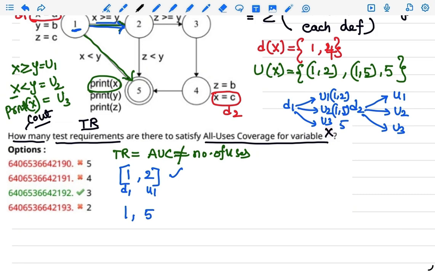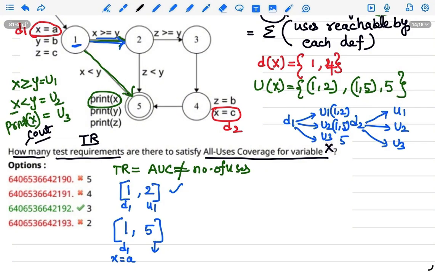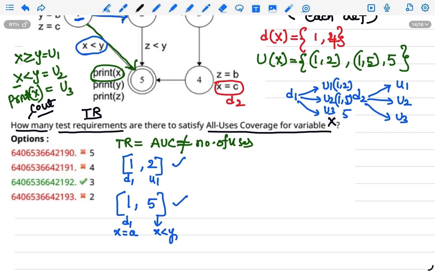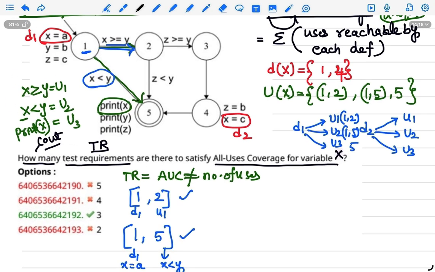So here, definition 1, what is definition 1? That is x equals a is defined, and we are using this use u2, that is x less than y. So this is also a valid path. There is no redefinition in this path from 1 to 5.